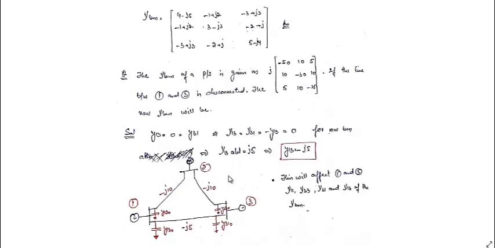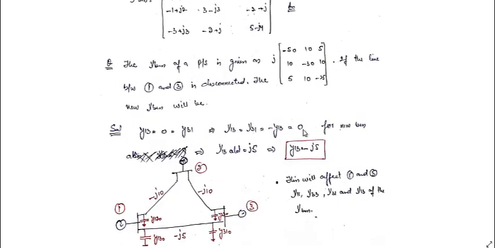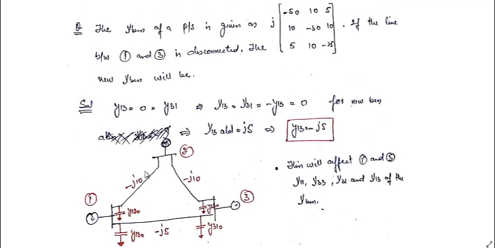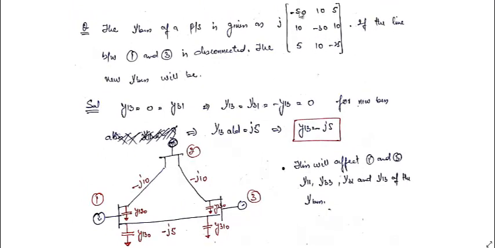First, let us try to find out whether shunt elements are connected or not. I have told you that one of the properties of the Y bus is that if we calculate the sum of the elements of a row, it should be 0. If it is 0, then shunt elements are absent. You can see minus 50 plus 10 plus 5 is minus 35. That means shunt elements are present. Now this is the actual power system whose Y bus is given like this.